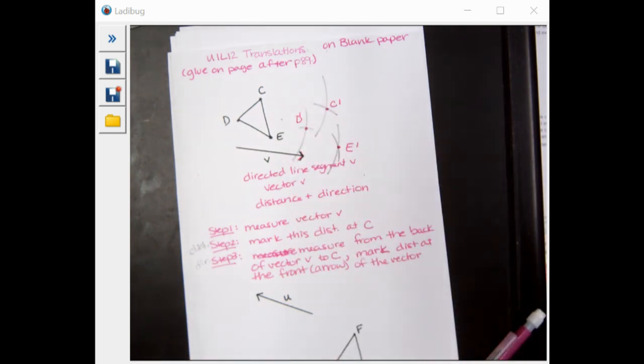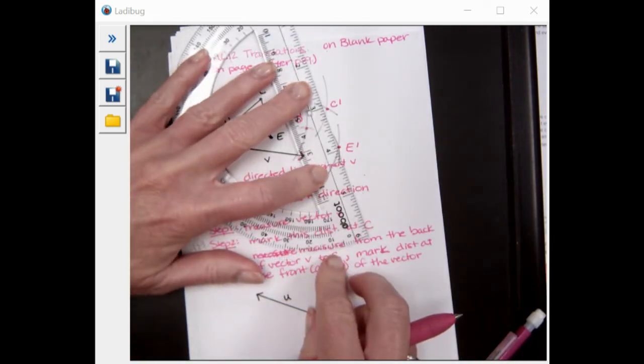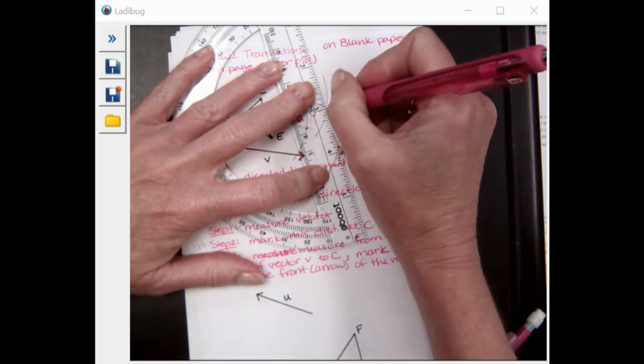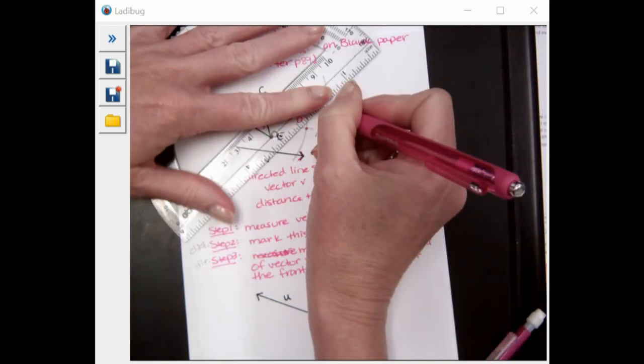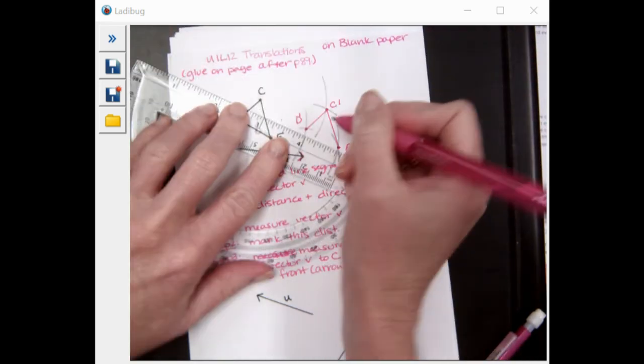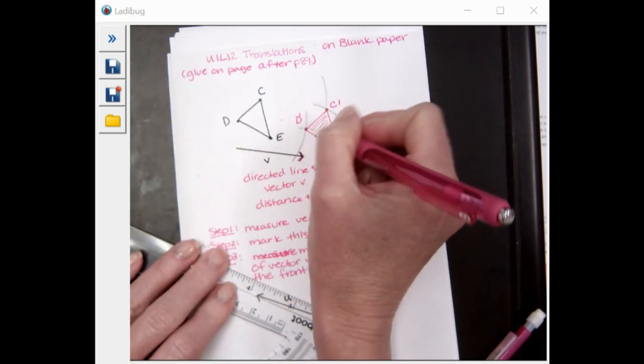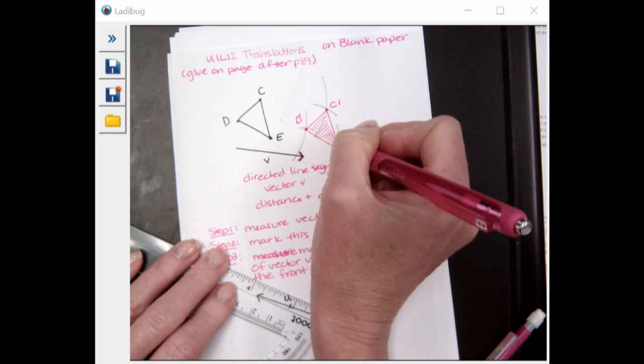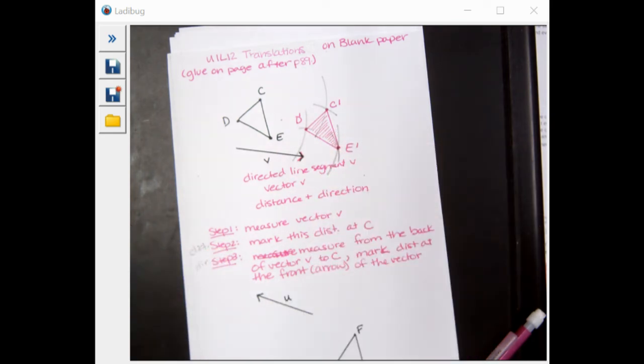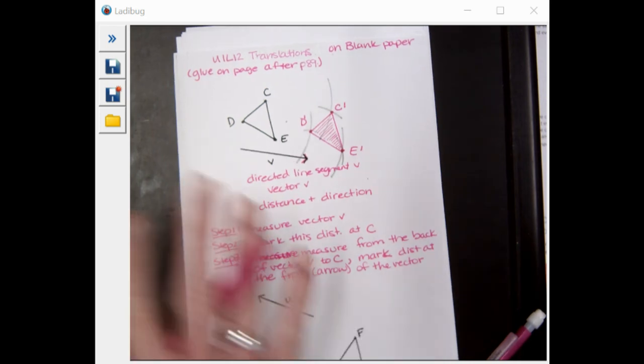So now I'm going to connect those 3. And when I do that, this is my triangle translated along vector V. So now I want to talk about this translation a little bit.